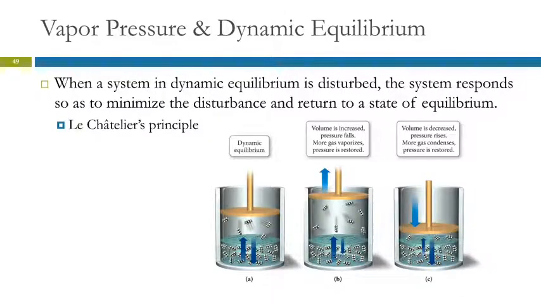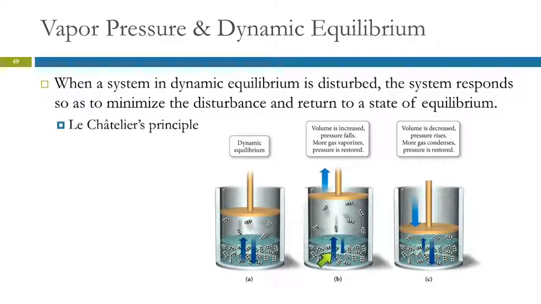So what would that do to the rate of condensation? The rate of condensation would go down, right? Because now these particles have more space to bounce around, so they're not going to run into the surface as frequently. Rate of condensation is going to go down. But the rate of evaporation is just going to keep chugging away because the space above the liquid does not affect the rate of evaporation.